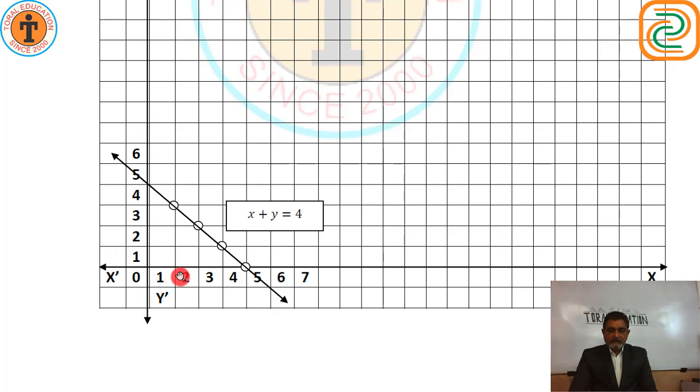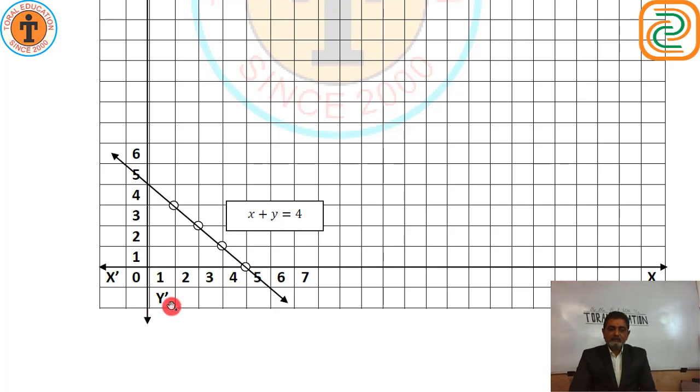Here is 1 2 3 4 5 6 7, and here is 1, 2, 3, 4, 5 and 6. This is 0, 0, the origin. We write x dash x, positive side x and negative side x dash. Here positive side y and negative side y dash.